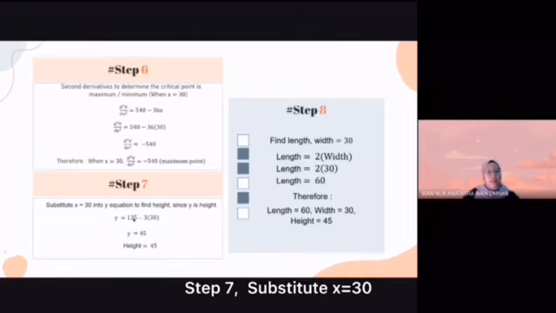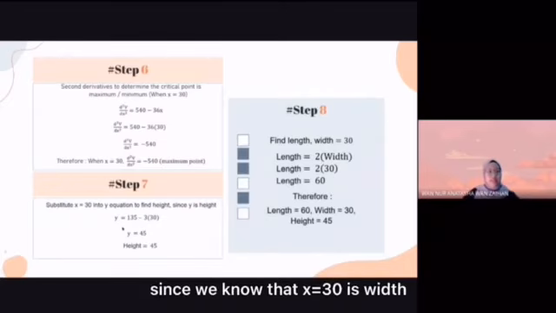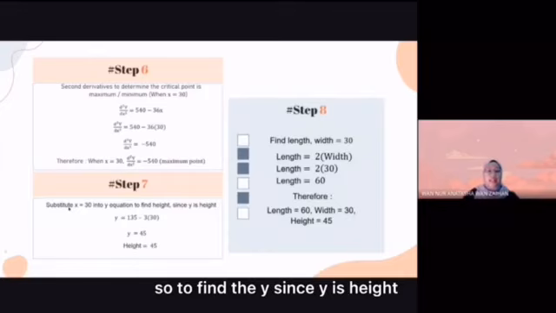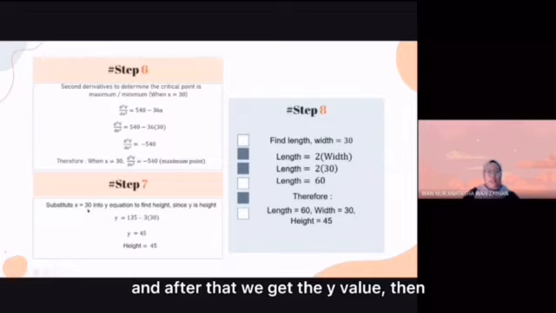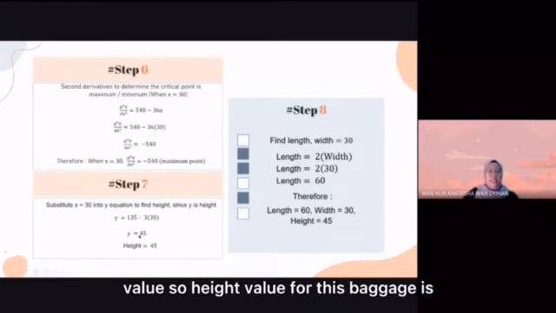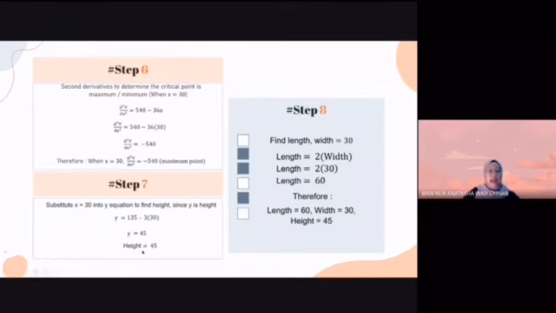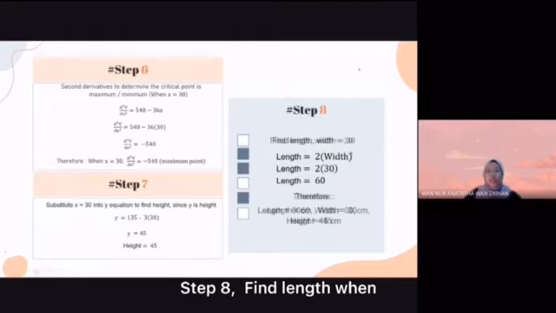Step 7. Substitute x equal to 30 into the y equation to find the height, since y is height. Take the y equation from step 2, since we know that x equal to 30 is the width. We replace x with 30 and get the y value, which is the height. So the height of this package is 45 cm. Step 8.